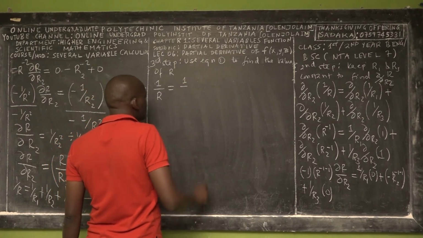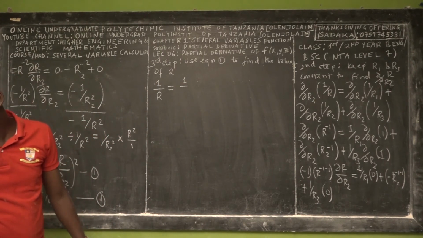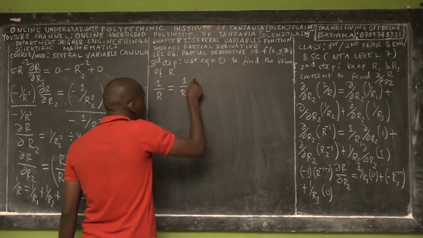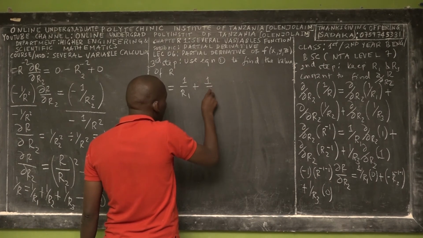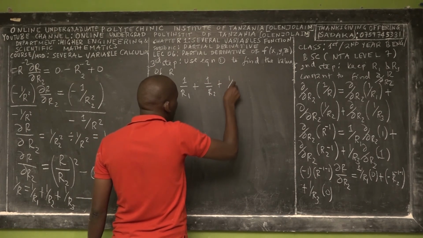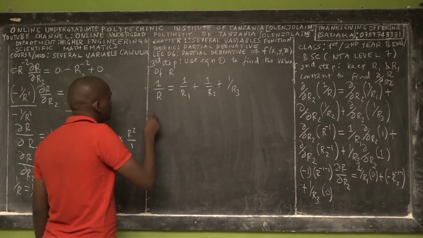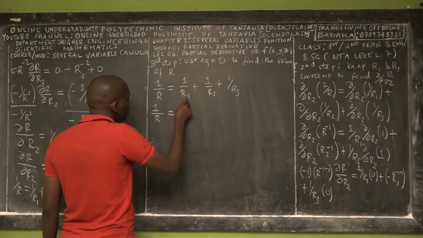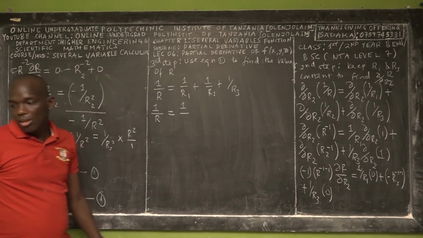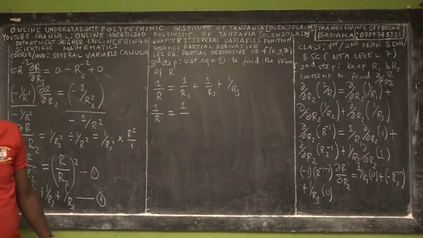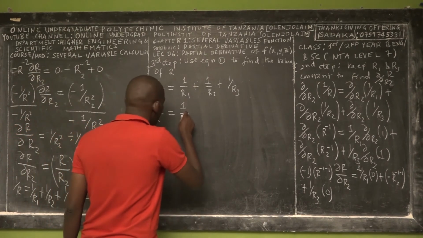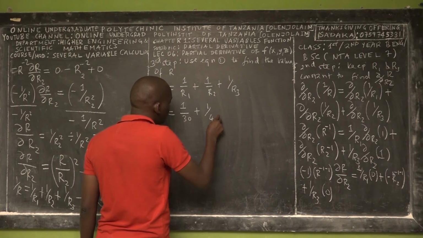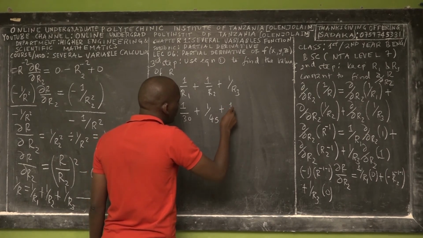The first value of R1 is 30. So let me write the formula first: 1 over R1, 1 over R2, 1 over R3. So 1 over R is equal to 1 over 30, 1 over 45, 1 over 90.